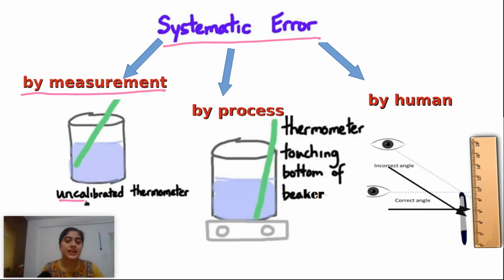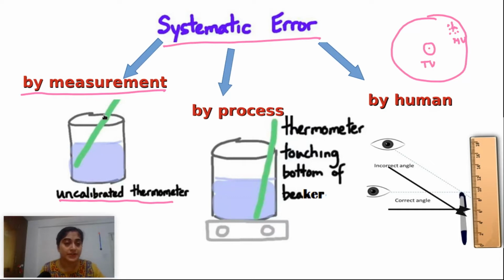Take an uncalibrated thermometer as an example of a systematic error. This is your true value and you are finding the measured values somewhere here. They are very close to each other, but they are different. The mean of these values is different from the true value. If your thermometer is uncalibrated, it shows uncalibrated values. When it is 0 degree centigrade, it shows suppose 4 degree centigrade.